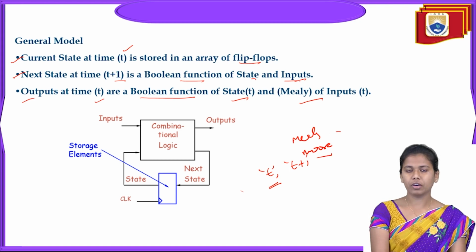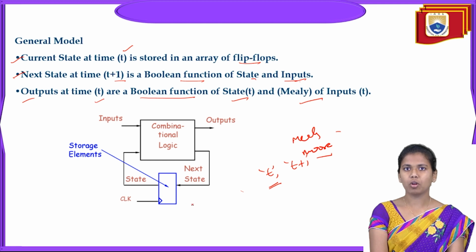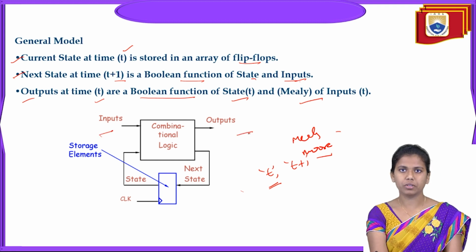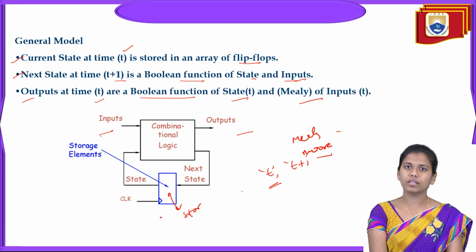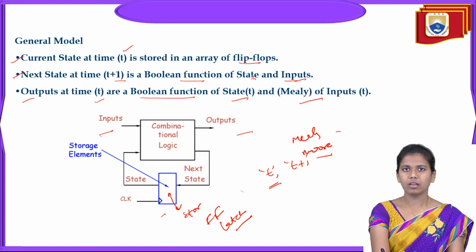Now, if you observe this block diagram, we see the combinational logic circuit, which has the inputs and the outputs, followed by the next state. These are the storage elements. The storage elements can be a flip-flop or a latch, whatever it is, the elements which store bits of data. In this example we are considering flip-flops as the storage devices.